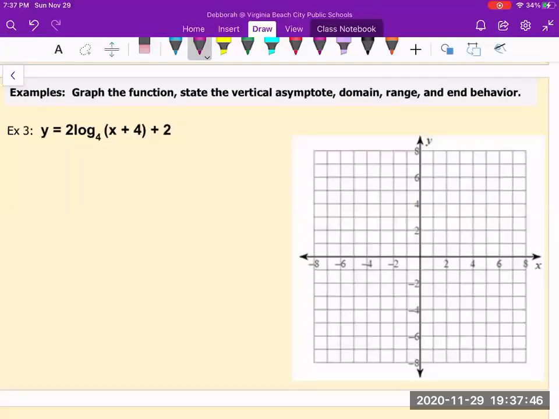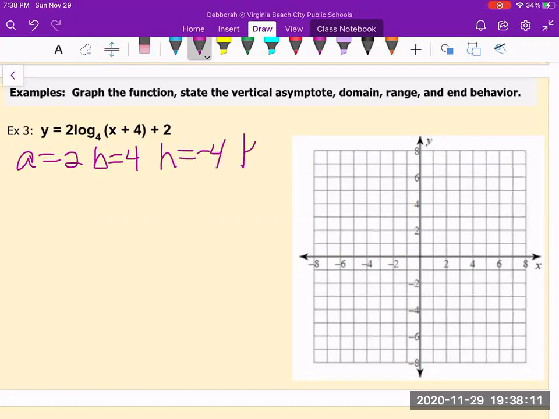Okay, let's try the transformational approach with this function right here: y equals 2 times log base 4 of (x plus 4) plus 2. Let's first identify our values. A is 2. Our base is 4. H is negative 4. Remember, always opposite sign.